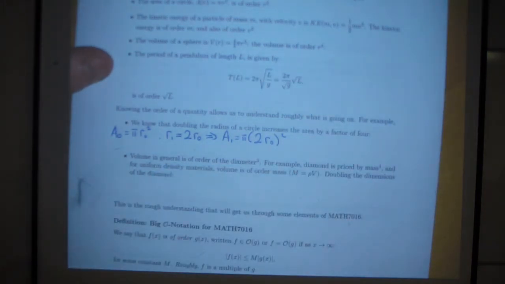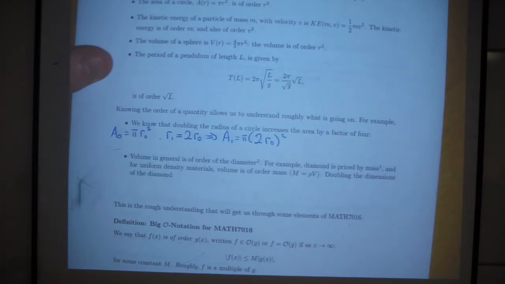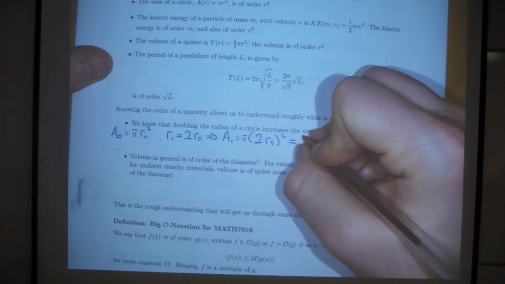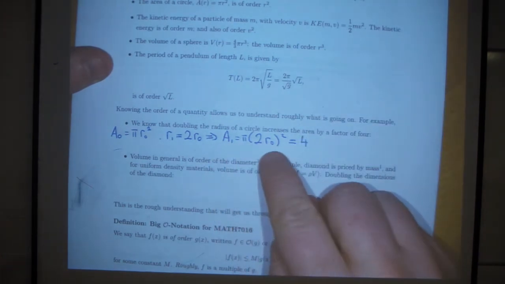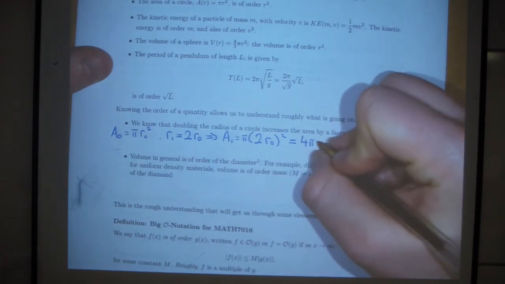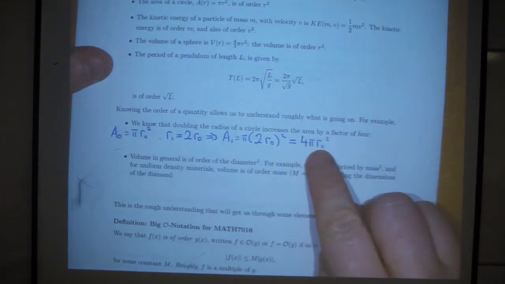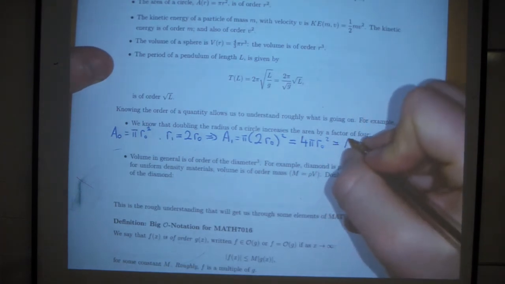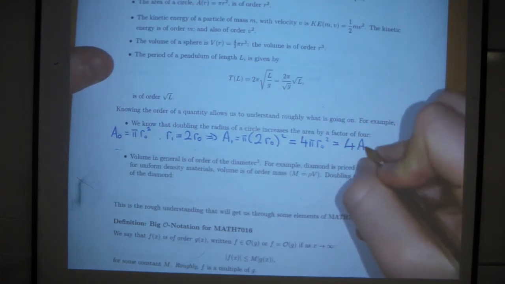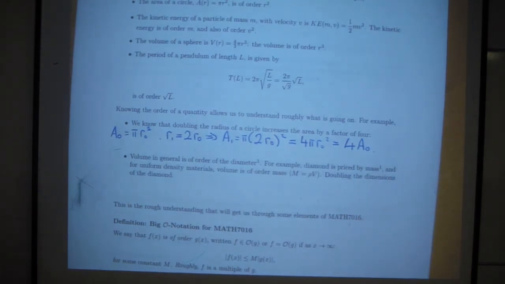Because the area is of order r squared, we get 2r0 by 2r0, which is 4. You get 4 pi r0 squared, and of course pi r0 squared is the original area. So doubling the radius multiplies the area by 4. And the interesting thing is if you halve the radius, it multiplies the area by a quarter.